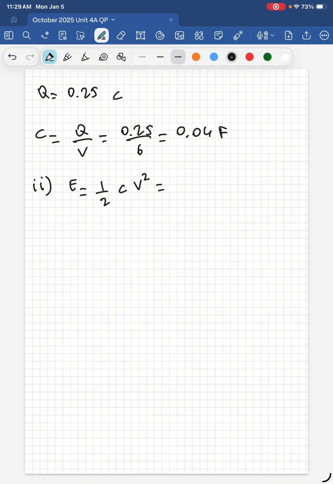So that's 1/2 times 0.04 times 36, because the voltage is 6. So the answer is 0.04 over 2 times 36, so 0.72 joules. Okay, good.